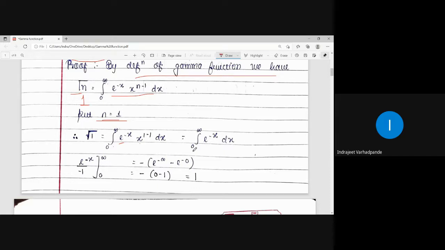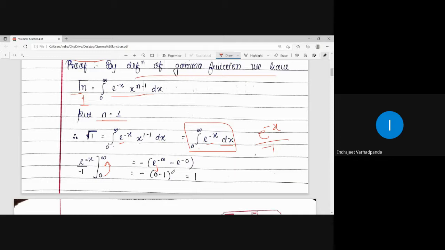So ultimately I am left with the integral from 0 to infinity of e to the power minus x dx. What is the integration of e to the power minus x? It is e to the power minus x upon minus 1, with limits 0 to infinity. When you put the upper limit as infinity, e to the power minus infinity will give you 0. E to the power 0 will give you 1.